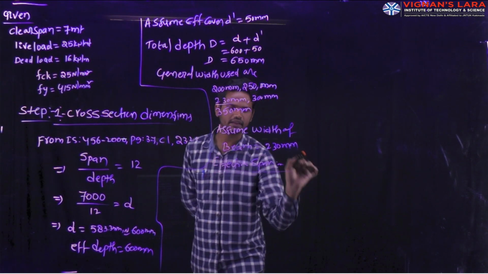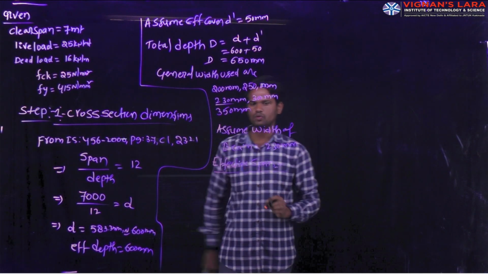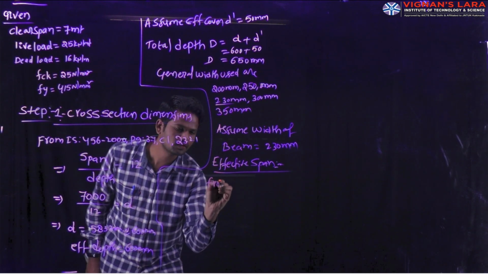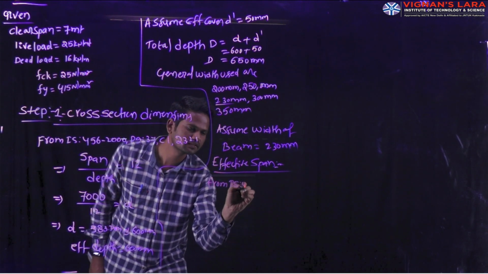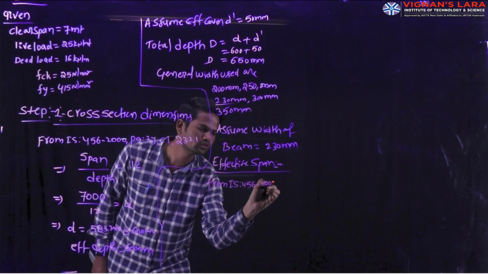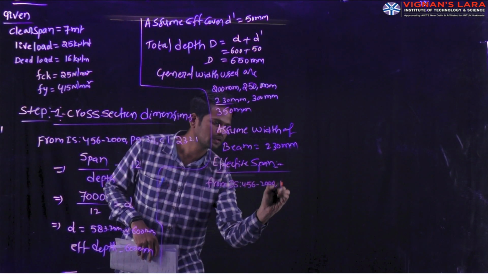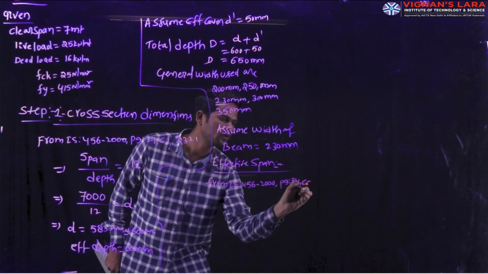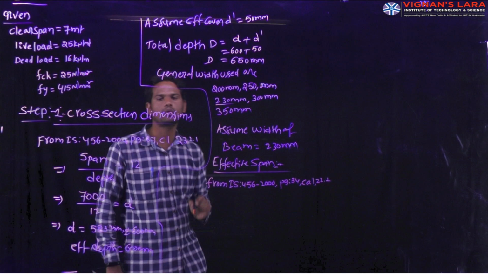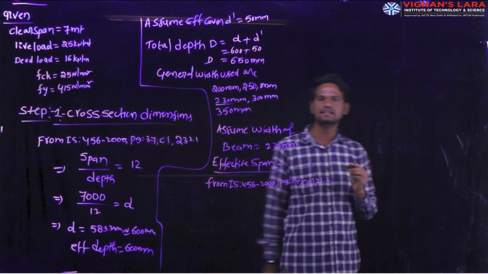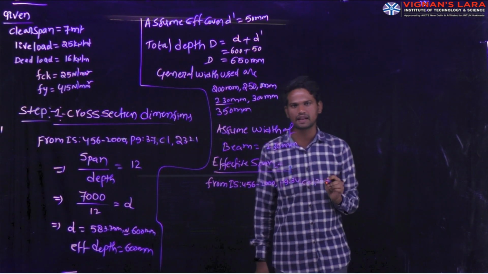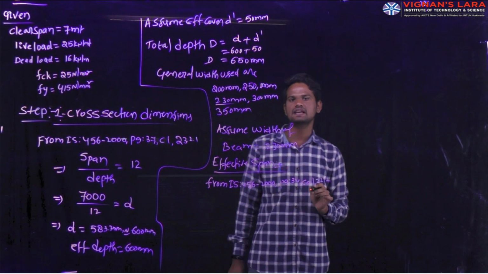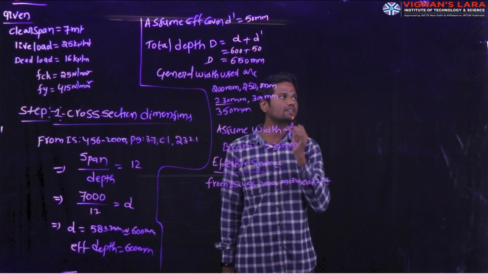Directly I am writing this as step 1, the effective span, from IS 456 2000, page number 34, clause number 22.2. The effective span is the clear span plus the effective depth of the beam, as well as the clear span plus the center to center distance between the supports.